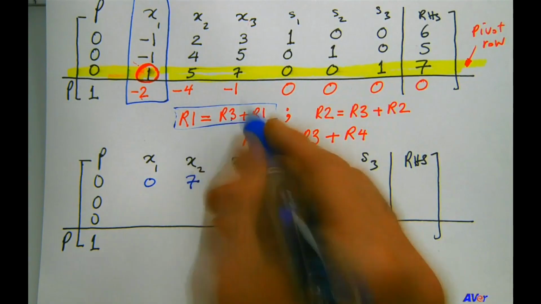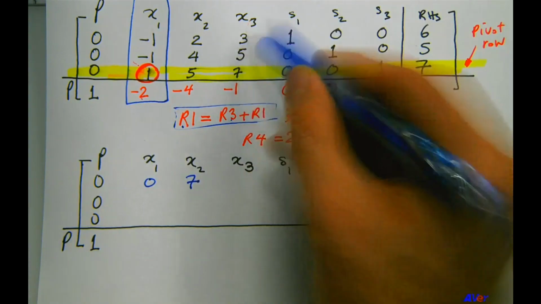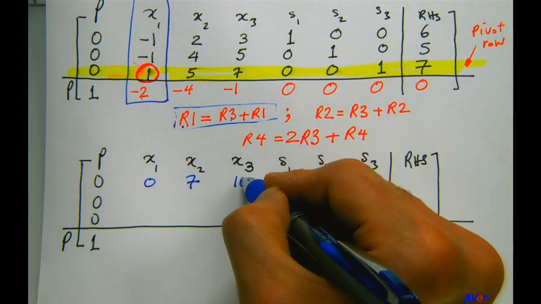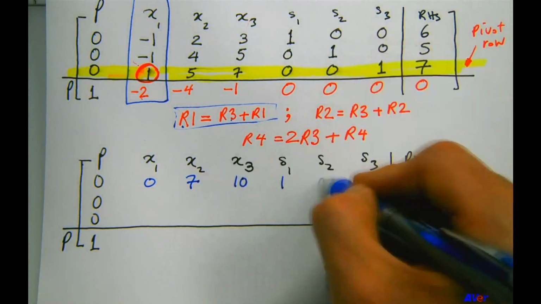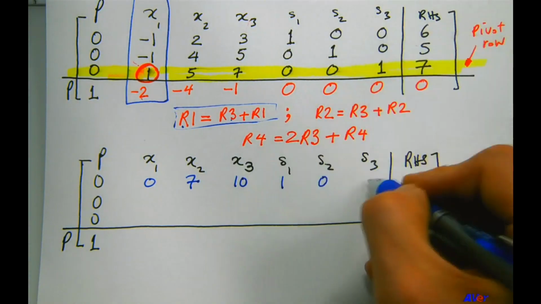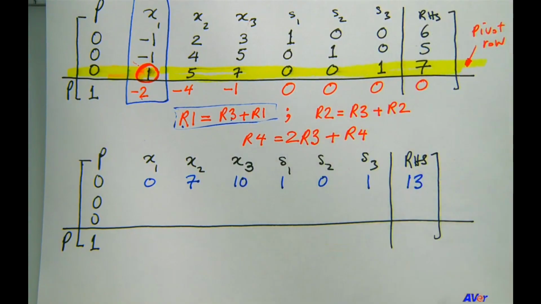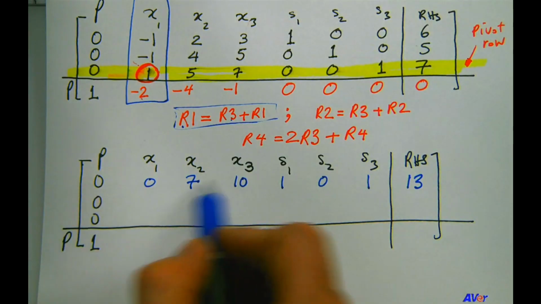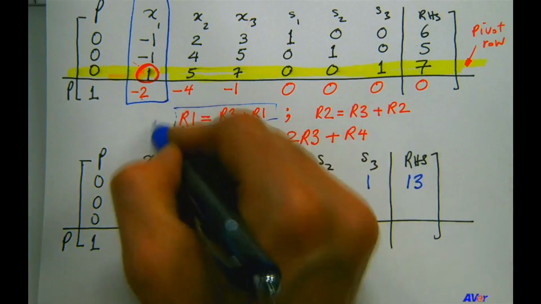We're doing this to replace row 1. Okay? 7 plus 3, 10. 0 plus 1, 1. 0 plus 0, 0. 1 plus 0, 1. 7 plus 6, 13. Okay? So 0, 0, 7, 10, 1, 0, 1, 13. We're done with this one.